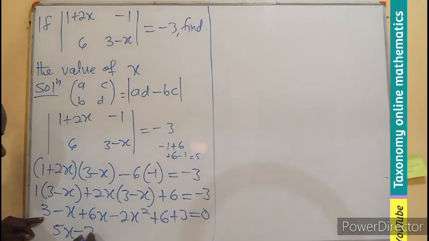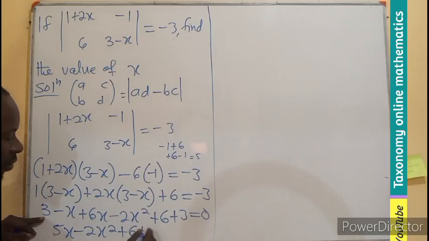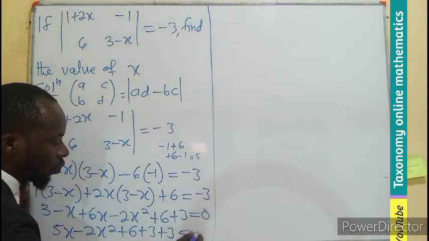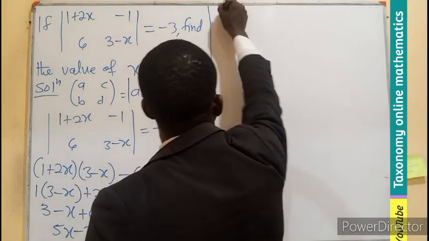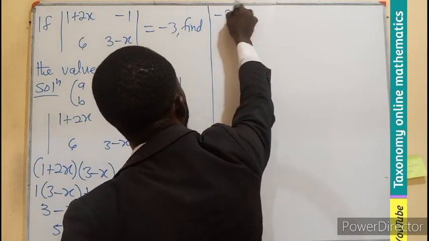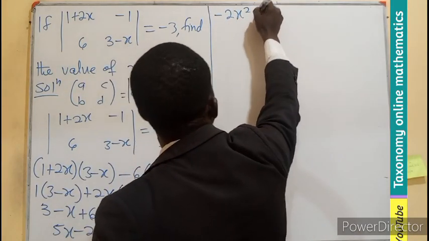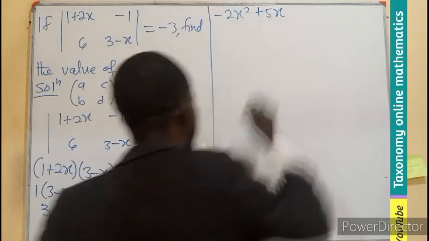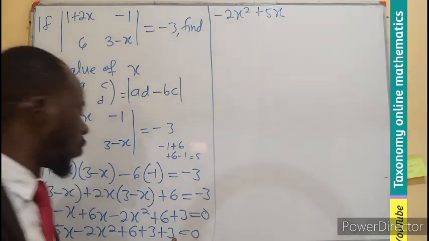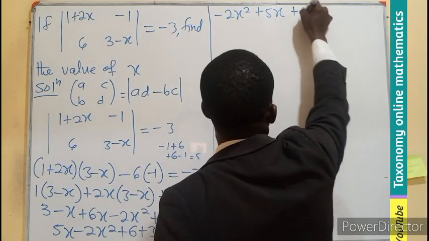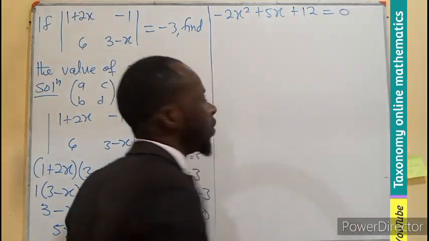So minus 2x squared plus 6 plus 3 plus 3 still equals 0. So now let's rearrange by simplifying this. We have minus 2x squared plus 5x, and 6 plus 3 plus 3 will be 12. So we have plus 12 equals 0.